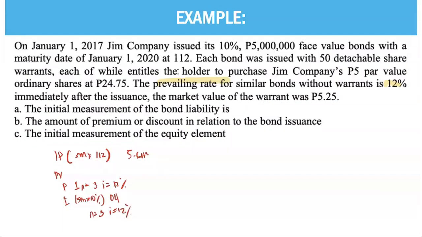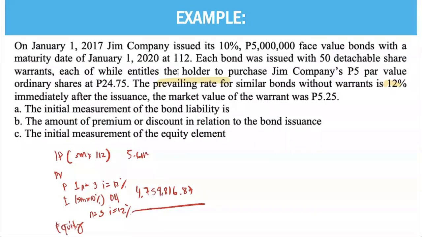So we need to get the present value. Let's compute. So we have here 4,759,816.87. Whatever is left is the equity component.